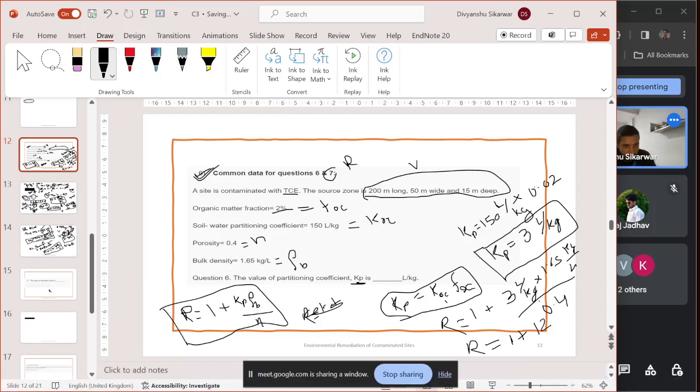It will be 12.375. So the R value will be approximately 13.4.